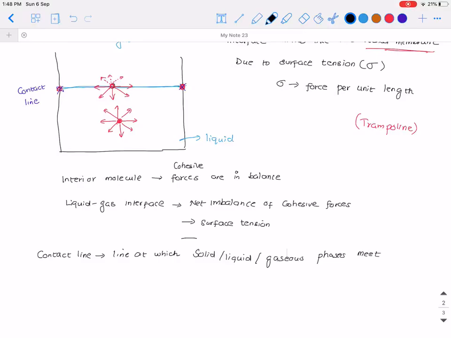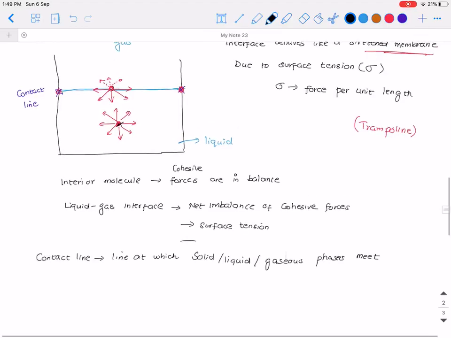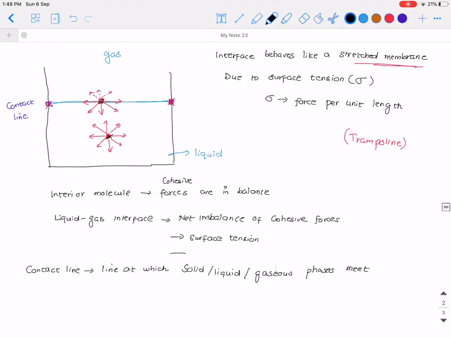So this point initially, what we consider initially, is completely within the solid, and the next point we consider is this one, which is at the fluid gas interface. But these 2 points, in 3D, if you take a cylindrical vessel, it is a line on which all 3 solid, liquid and gaseous phases meet each other, and those lines are called contact lines.